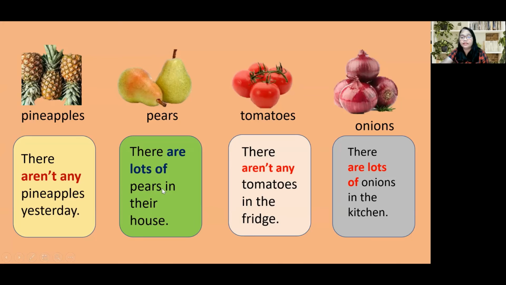There aren't any tomatoes. There are lots of onions. That's all. You can stop here with the name of the fruit or the vegetable. I just added a few phrases after the vocabulary words that we have used.